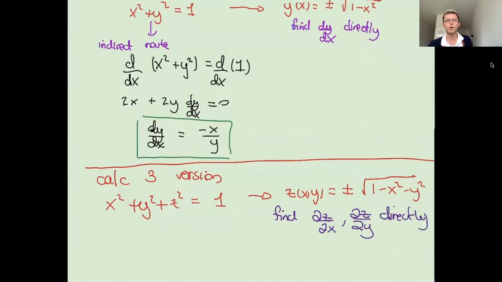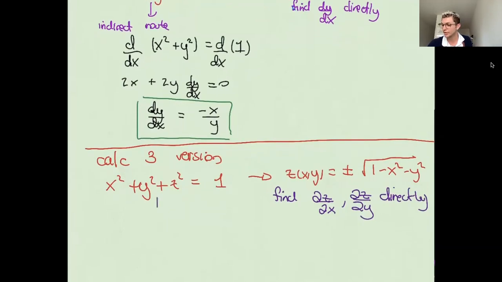But the whole point of the implicit differentiation route is that you don't have to do this. You can do something similar to what I was just doing in the previous example. So let's do the indirect approach.